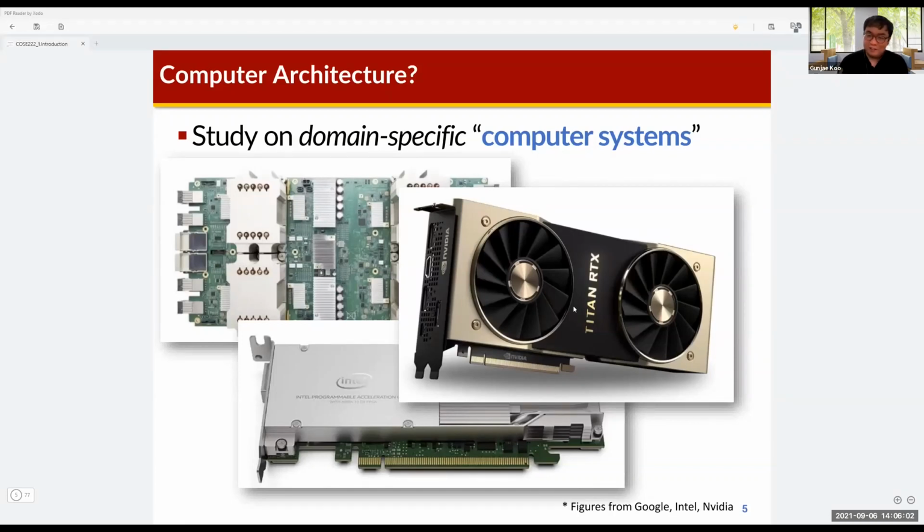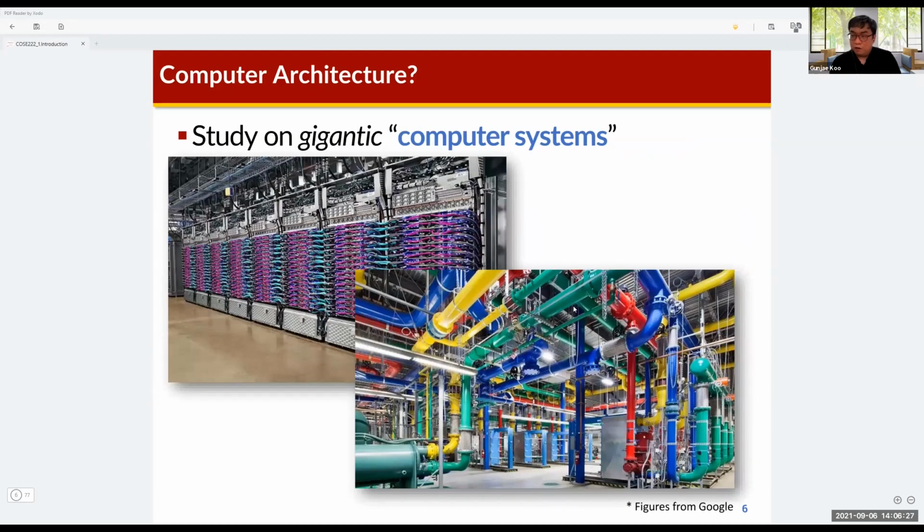We used GPUs for a better gaming environment, but recently we use GPUs for parallel applications, especially machine learning applications. These are specific hardware that accelerate the performance of computer systems. Also, cloud infrastructure and server computer systems are a kind of computer system.